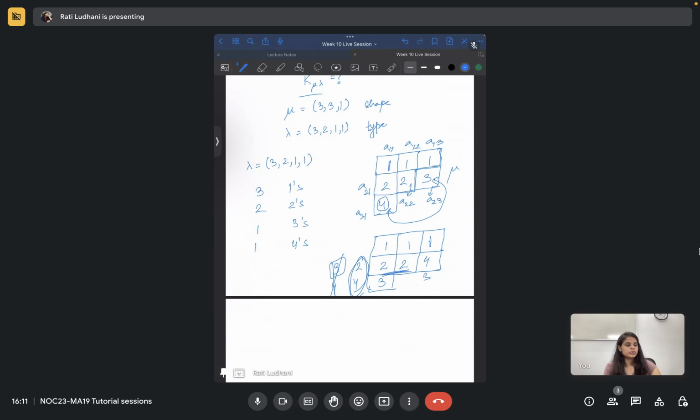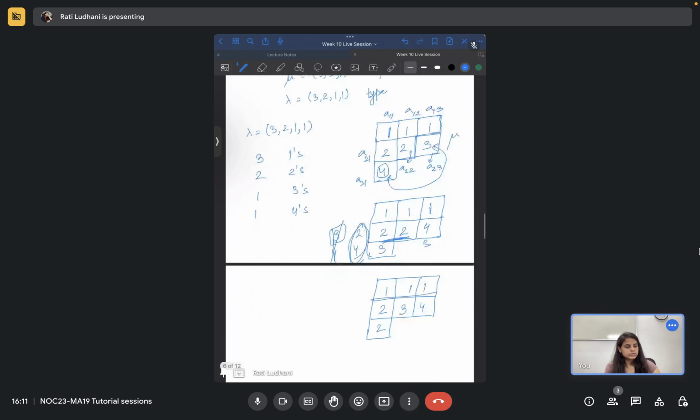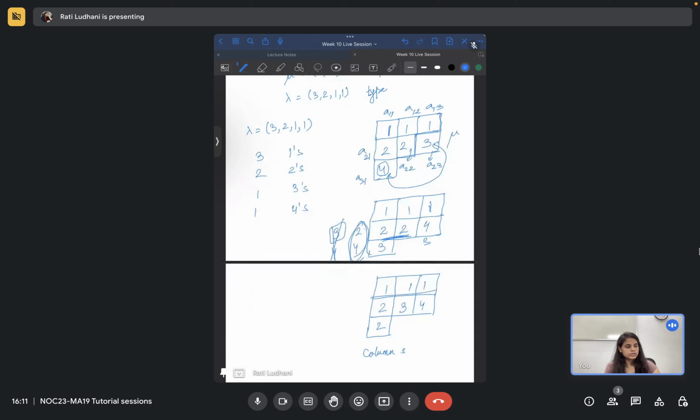Okay, you are saying in the row or column? 1 2 2, where exactly are you putting it? First row 1 1 1, then 2 3 4 2. No, this is not possible because over the columns it should be strictly increasing. Strictly means you cannot have equality.